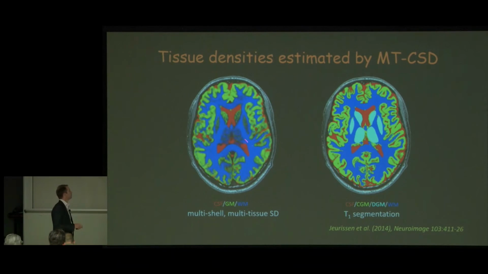So this decomposition has no spatial prior imposed on it. It is purely done on the voxel-wise signal. And it does a really good job of segmenting out grey matter, white matter, and CSF purely from the signal. And even the deep grey matter structures come out as a bit of a mix between grey and white matter, which is exactly what they are. So it works really well from that point of view.